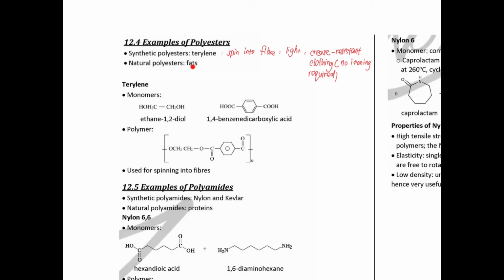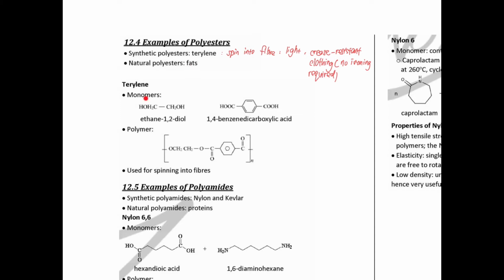So they join up. The fatty acid and the glycerol join up to form fat. So let's see Terylene. Terylene is our main concern because this is synthetic polyester, which is under chemistry. The natural polyester is under biology.